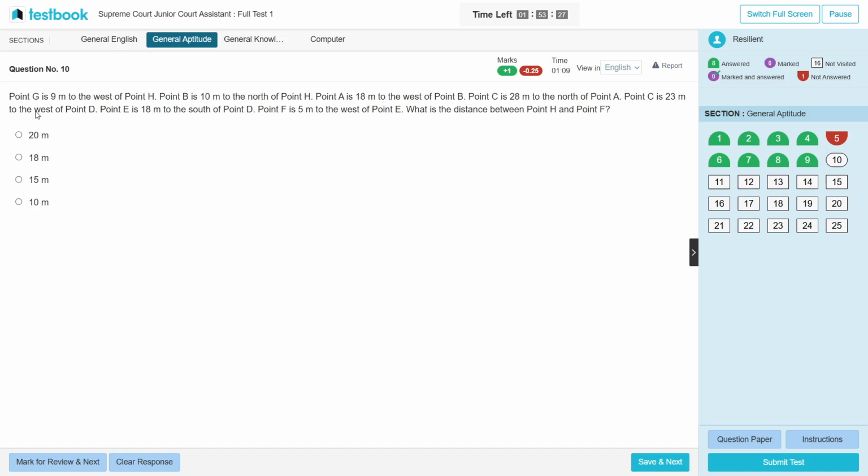D. Point E is 18 meter to the south of point B. Point F is 5 meter west. Point F is... what is the distance between point H and F? It is 10 meter.